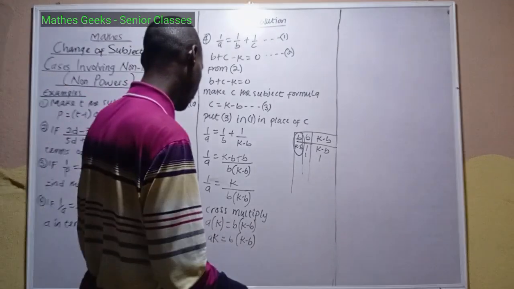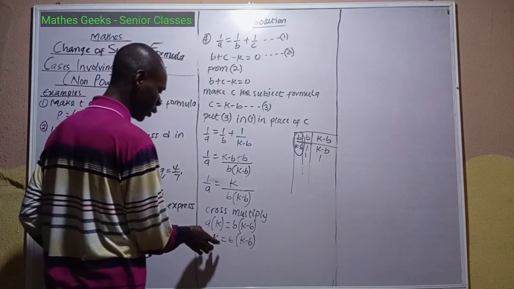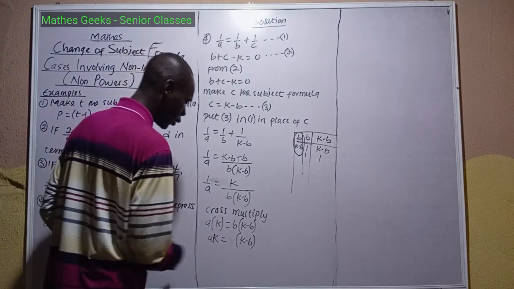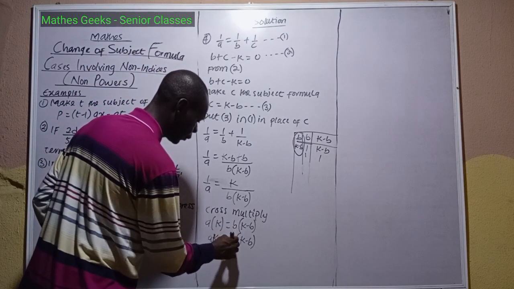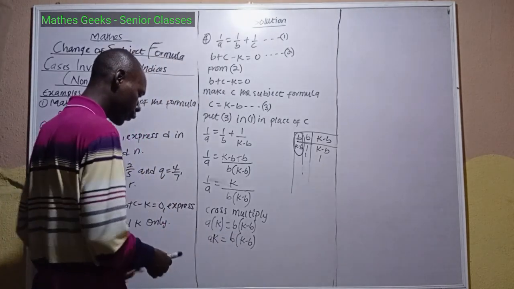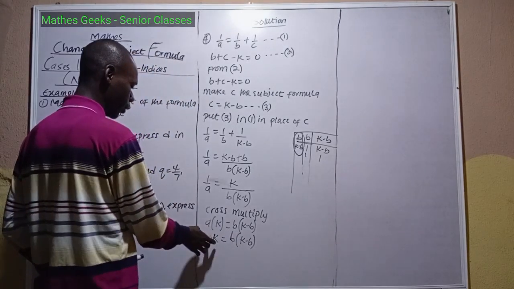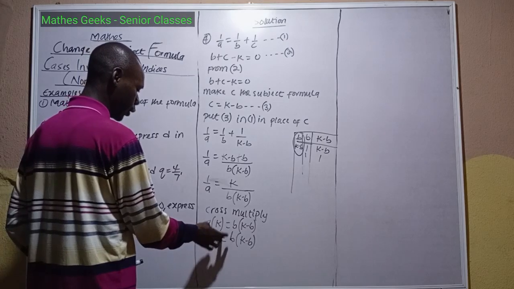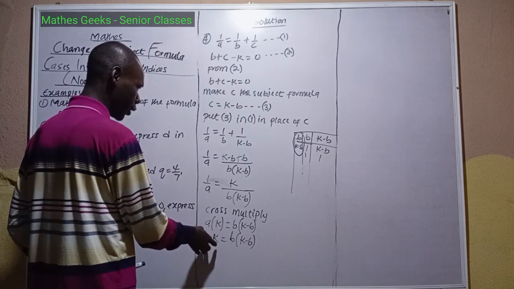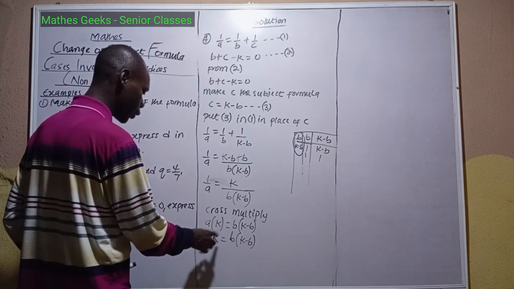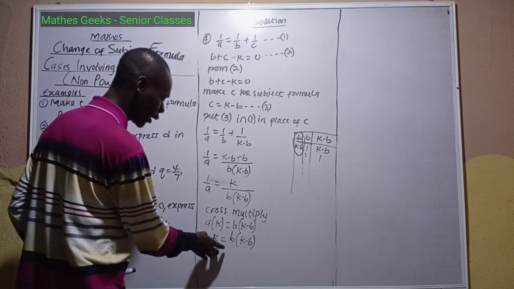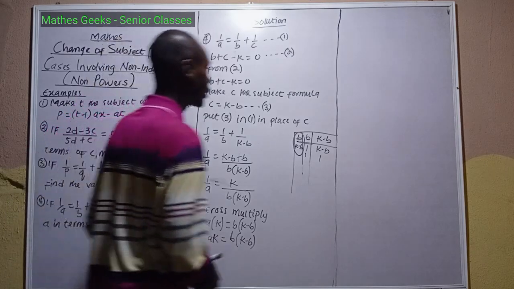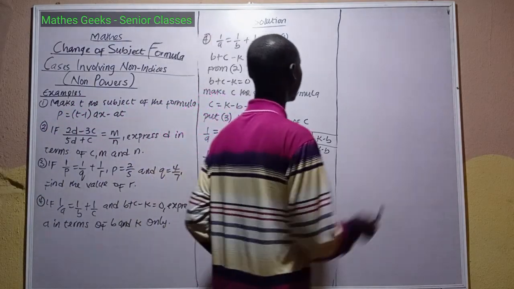Next is, since our intention is to make A the subject of the formula, we need to eliminate K from here. To do that, this is multiplication, A K. The relationship between A and K is that of multiplication. What brought them together is multiplication. So to undo that, we need to divide both sides by K so that A can stand on its own here.